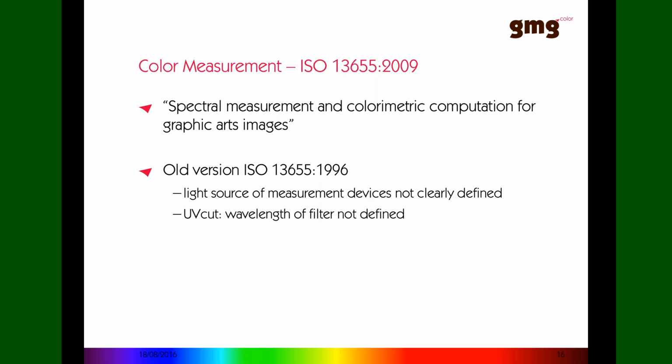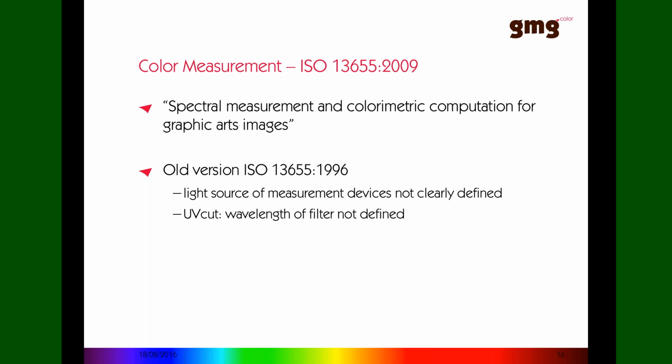So yeah, the ISO norm 13655, it's about spectral measurement and colorimetric computation for graphic arts images. That's what this ISO norm is about. And the current revision that we are using is from 2009. Before that, there was the ISO 13655 of revision 1996.